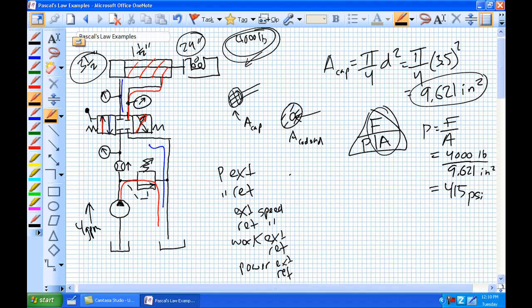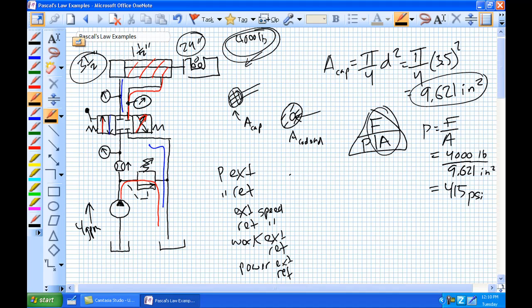So basically, with the pump in the straight through position, the pump is going to provide flow, and the pressure is going to rise from 0 to 10 to 15, and the load is just going to sit there until it reaches 415 psi, at which point the cylinder is going to extend.